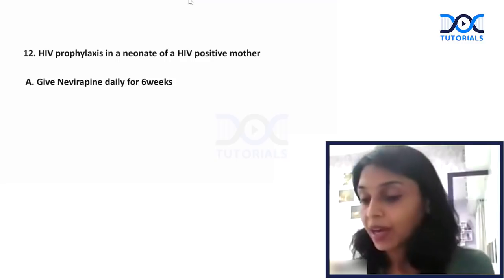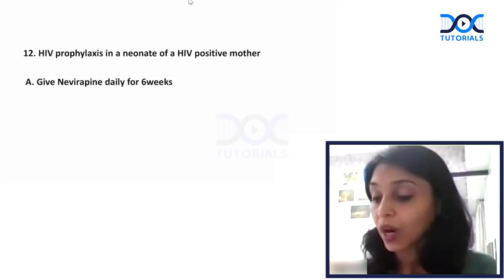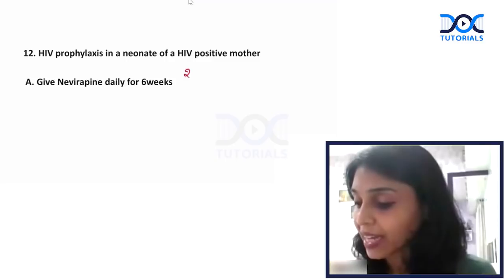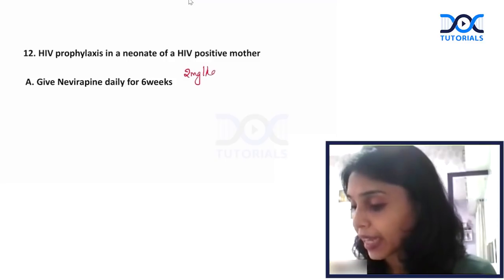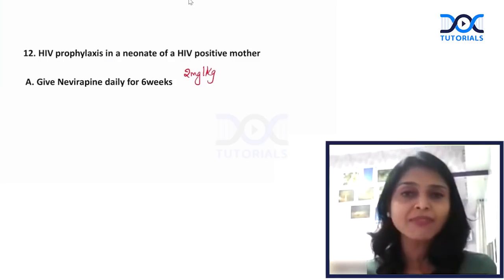Now let's see. Nevirapine is given for 6 weeks. Next MCQ. What is the dose? It is given as 2 milligram per kg. After 6 weeks, will you give it?